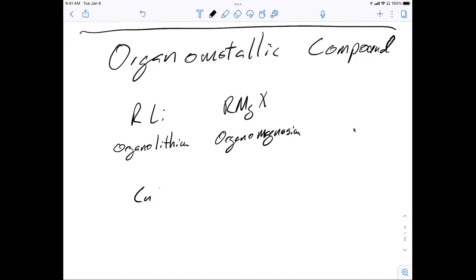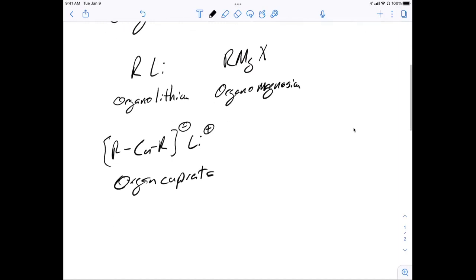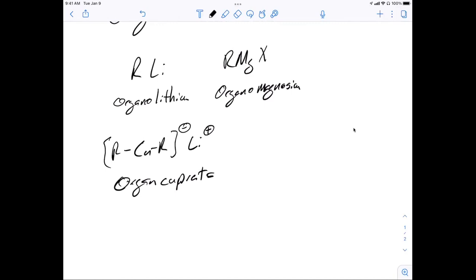We've seen the cuprates. So we've already seen this group of organolithiums, these compounds. So those are all reviewed.